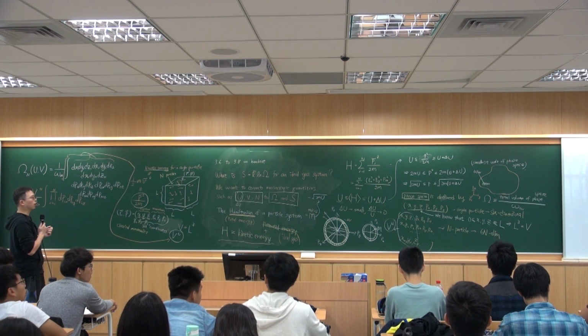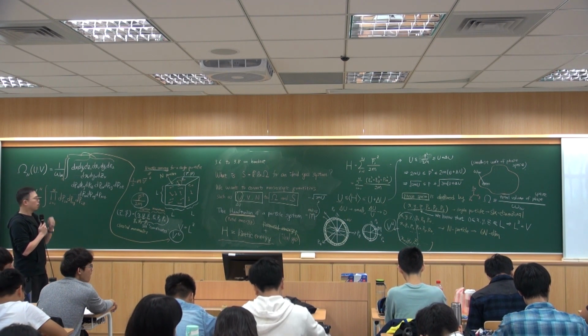Like how many microstates can there be in this system? Is this okay?